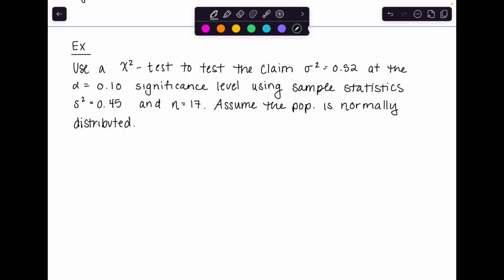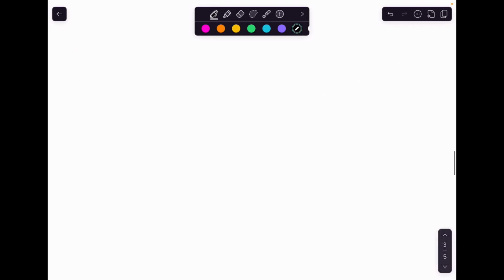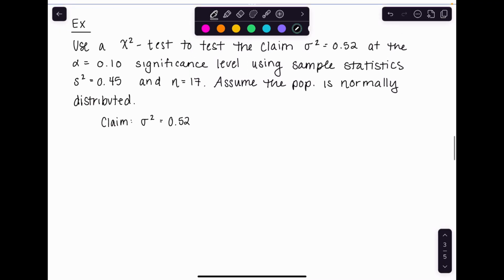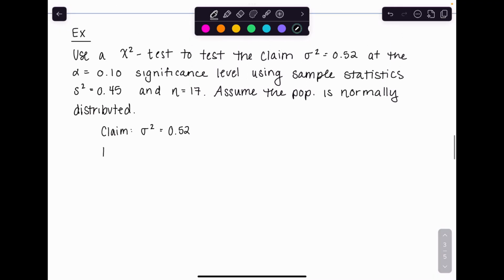So again, I want to start out with what is my claim? And in this case, it's that our population variance is exactly 0.52. So since that has equal to, that's exactly our null hypothesis, which means our alternate is that our variance does not equal this amount.